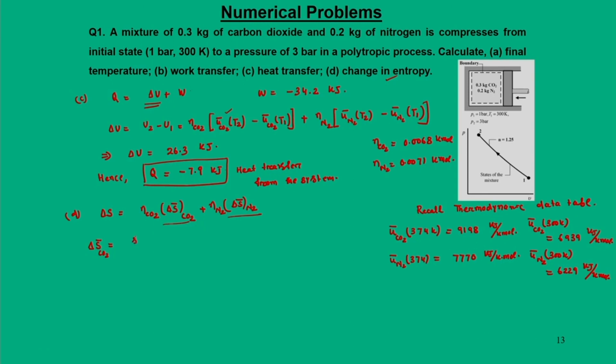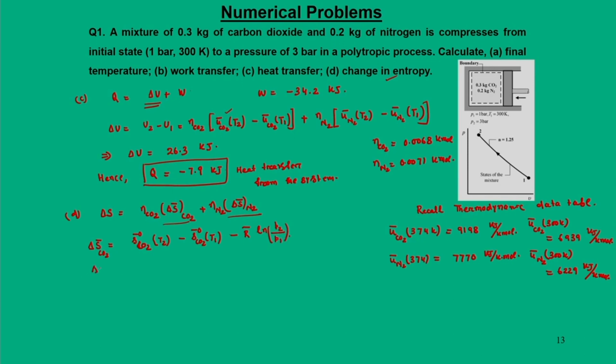So, for that we can say delta S bar CO2 is S bar O for CO2 at temperature T2 minus S bar O for CO2 at temperature T1 minus R bar ln P2 by P1.